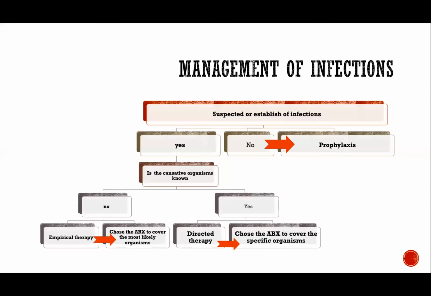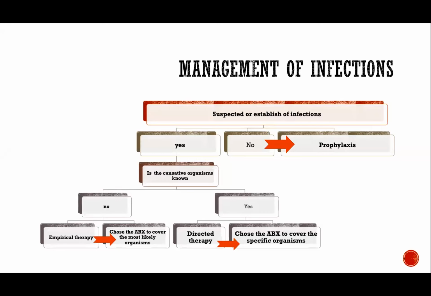If there is no improvement within 48 hours, move on to cover other common organisms until we get the lab result and see what kind of microorganism caused the infection.